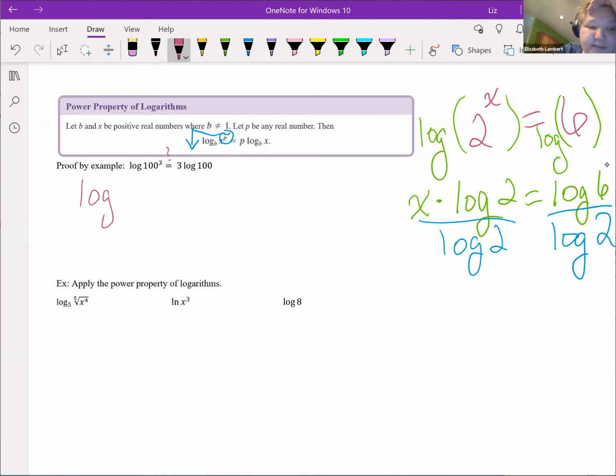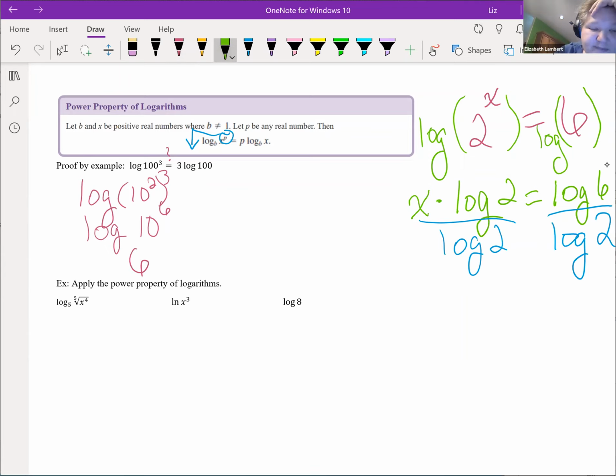This is really the log of 10 squared cubed. But I know what to do with exponents like that, which is where the power property comes from. One exponent getting on the other exponent. They multiply. And now we have log base 10 of 10 to the 6th is the number 6.